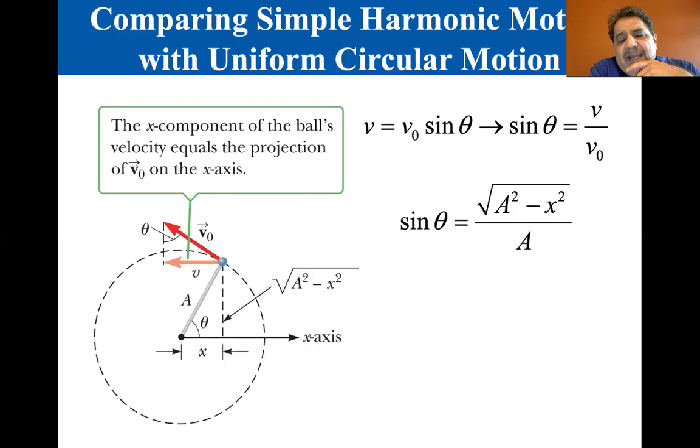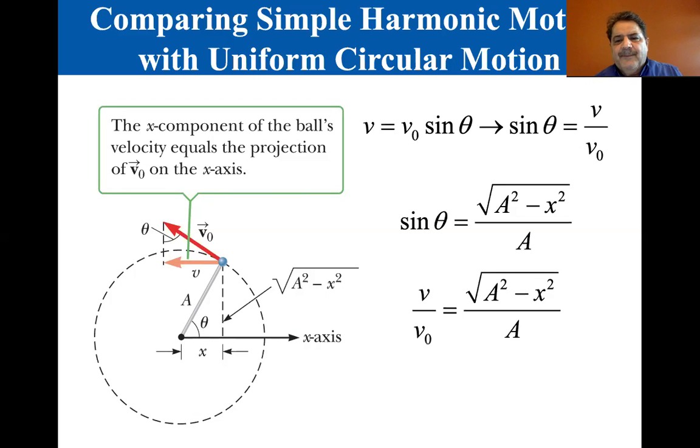The side opposite is the square root of a squared minus x squared, divided by a, which is the hypotenuse. By definition, sine theta is opposite over hypotenuse. Well, the opposite is the square root of a squared minus x squared, and the hypotenuse is a.